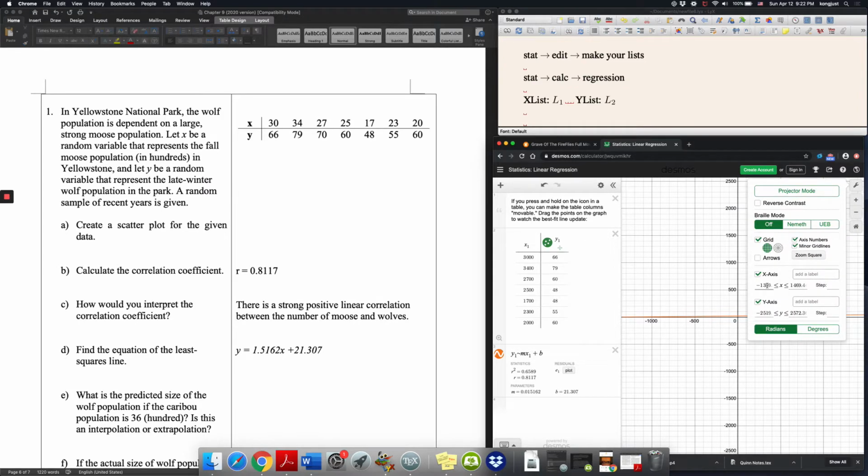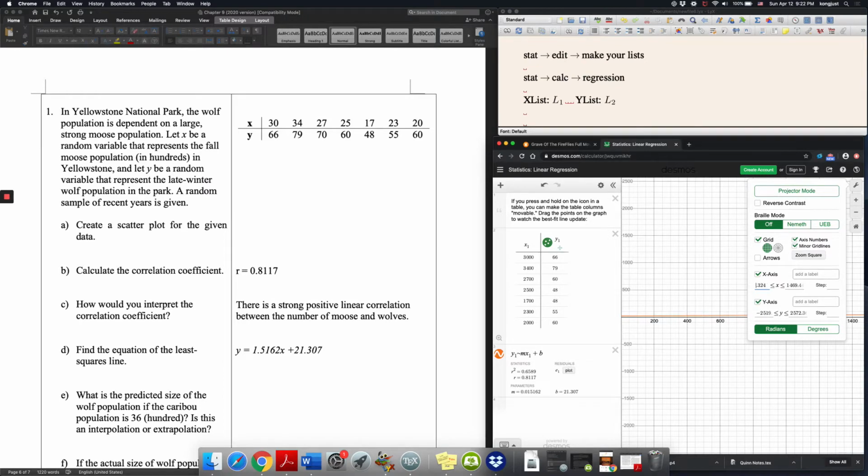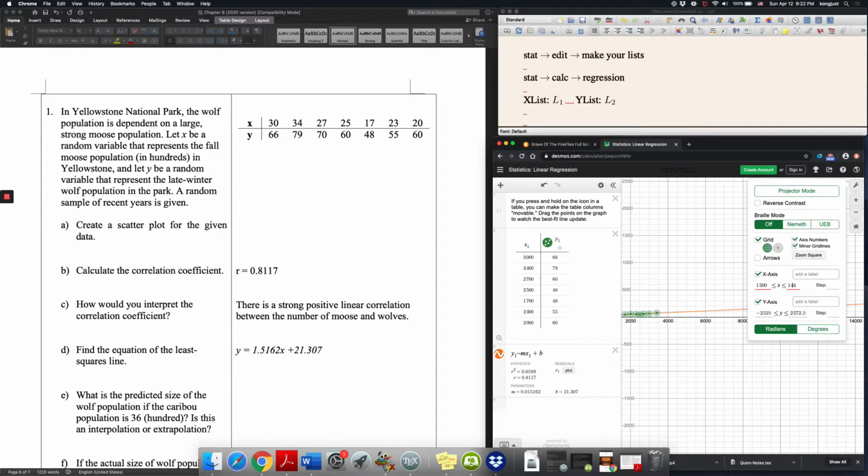Well, I can just adjust by changing the domain of my x-axis. X-axis, let's start it from, what's the smallest value? 1700. Let's start from 1500. And then I can change the highest number, which is 3400, so let's say 3500, something like that.